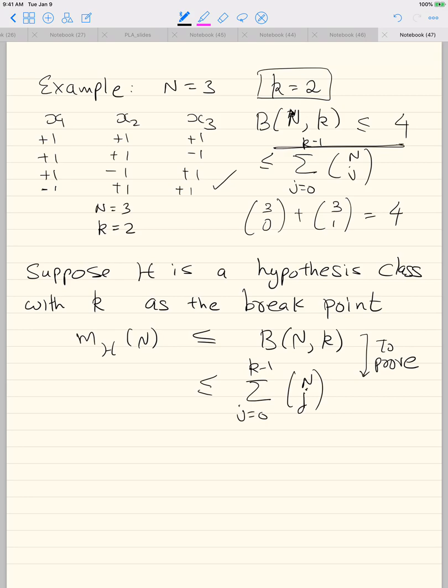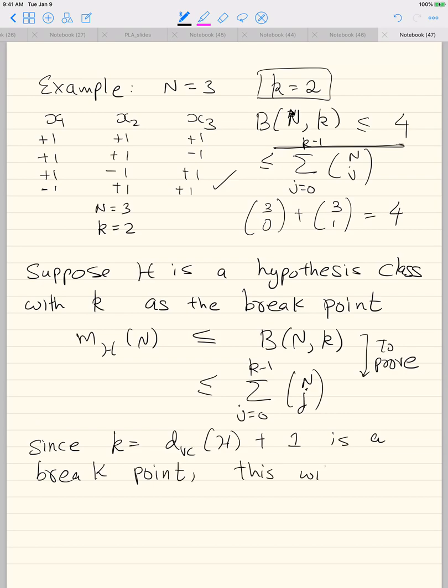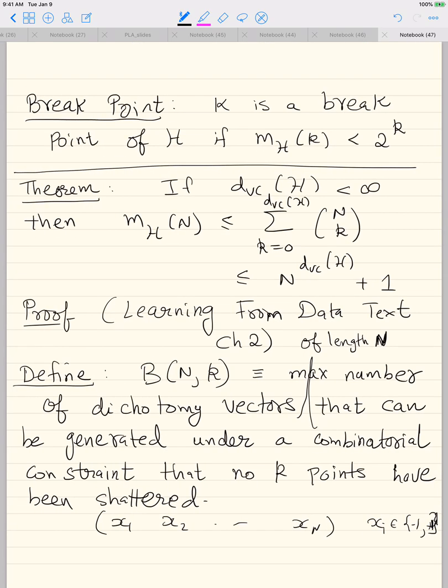Since k equals dvc plus 1 is a breakpoint, this will complete our proof. Because then I can substitute k to be dvc plus 1, I get the sum over j equals 0 to dvc of n choose j, which is what we claimed in our original statement here.